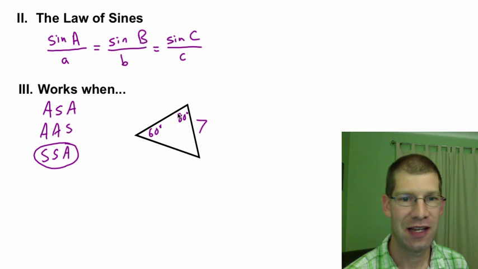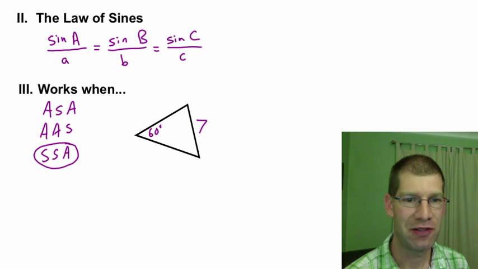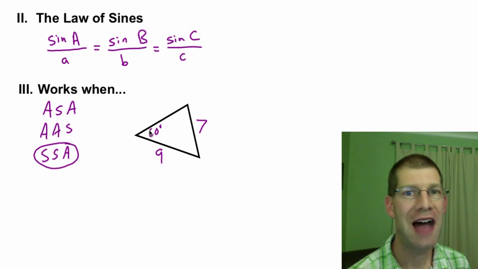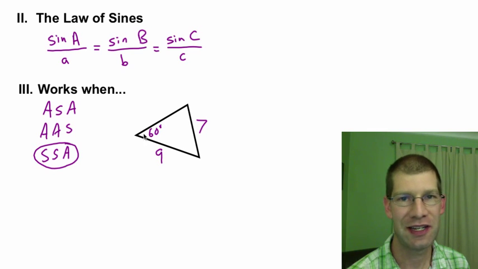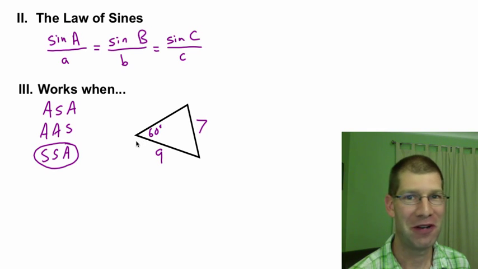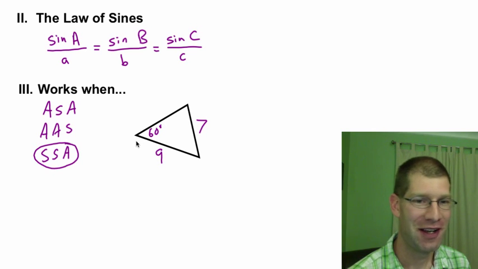If we had, say, side-side-angle, with one side 7, another side 9, and an angle of 60, there are two possible triangles that would both have sides of 7 and 9 and the angle here being 60. We'll figure out what both of them are using this law of sines. It's really pretty sweet.